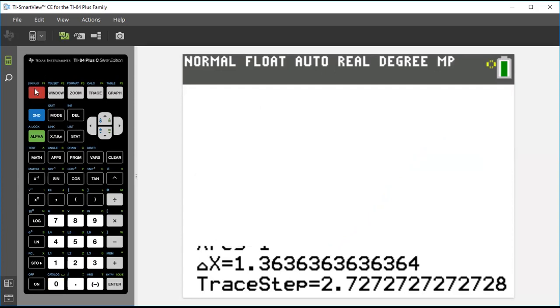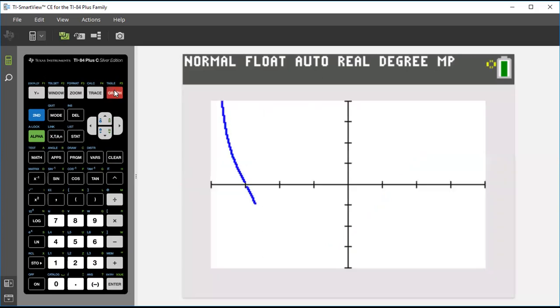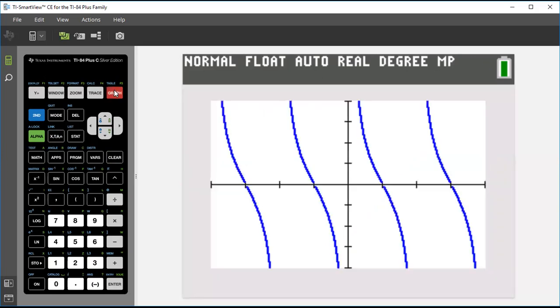So I'm going to go y equals, and I'm going to go 1 divided by tan, and then close parenthesis. And then we're going to sketch this in between all those asymptotes. Okay, so here's your cotangent graph. You have asymptotes at 0, 180, 360, plus and minus.